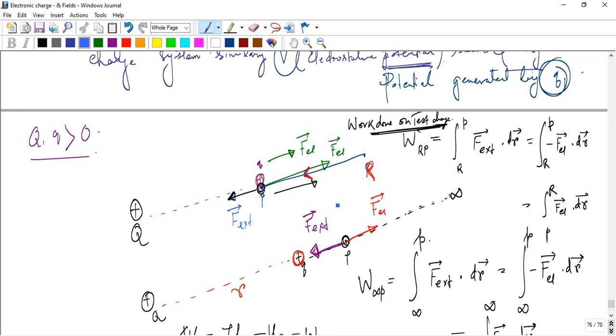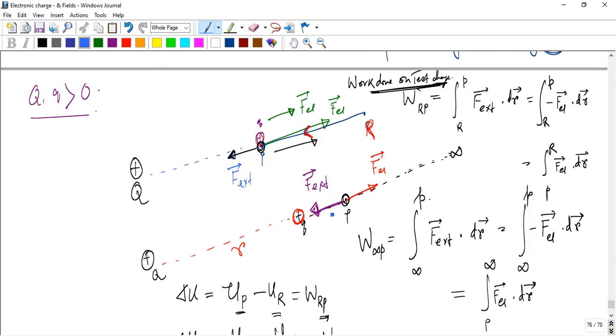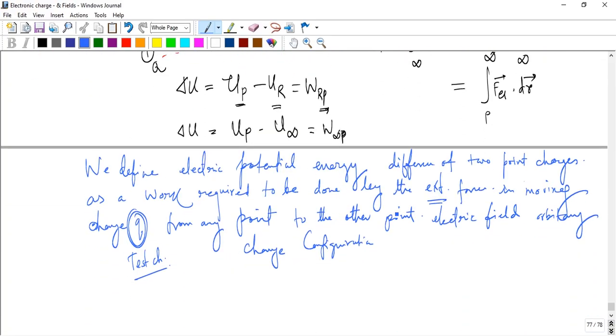There are some conservative forces. Why is it a conservative force? Very important.